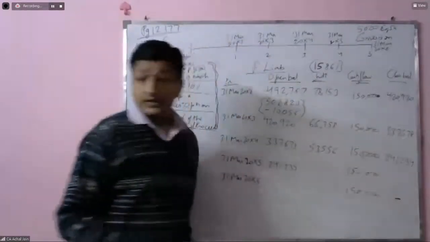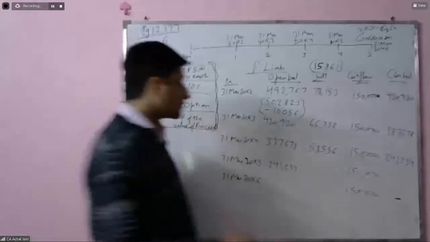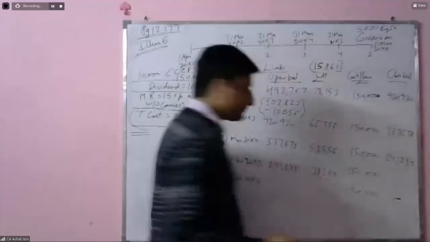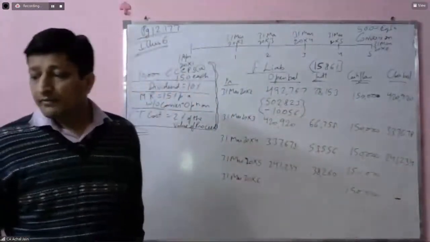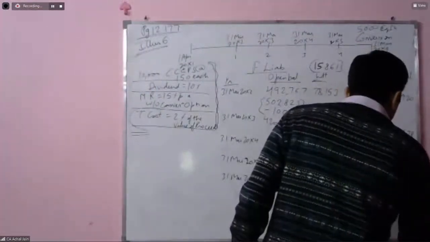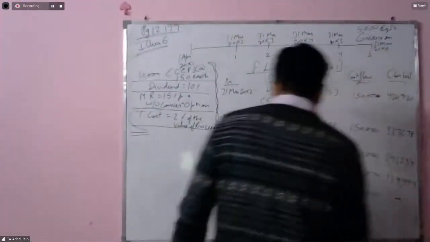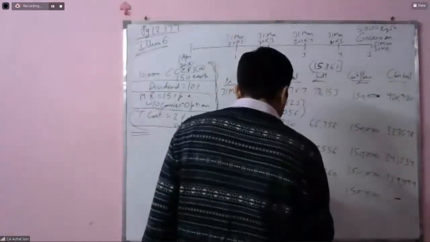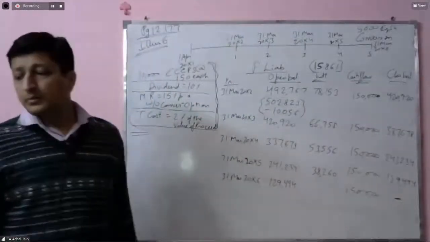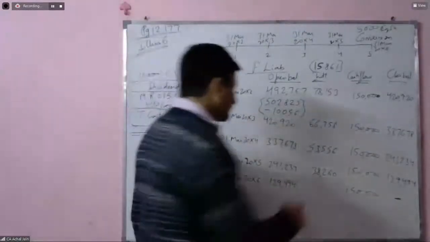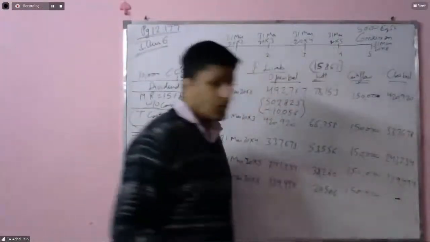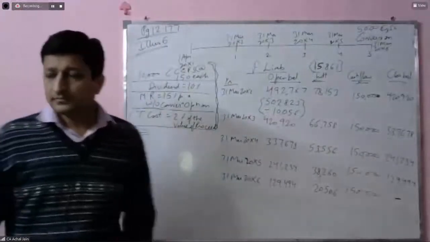Then we get interest of 38,260. And then we get 1,29,494, on which we will once again compute the interest, 20,506, and which will make it zero.